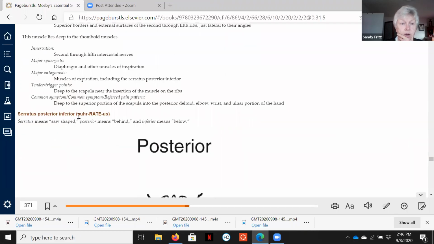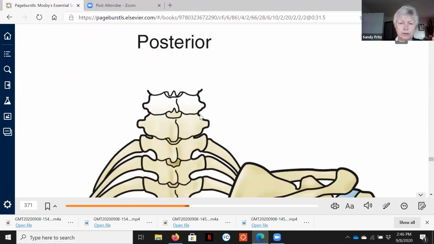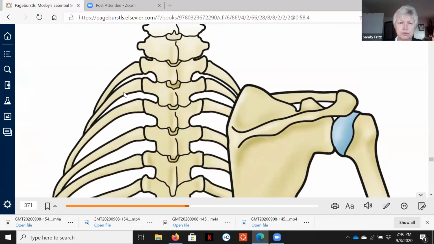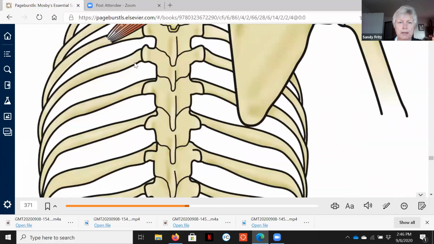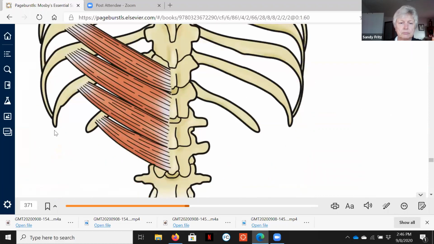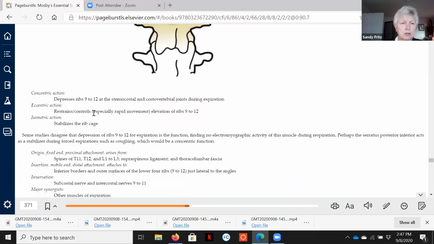So here is serratus, posterior, inferior. So these are kind of antagonist, agonist to each other. They're a functional pair. So it's going to do just the opposite. Instead of elevating in a concentric action, it's going to depress.